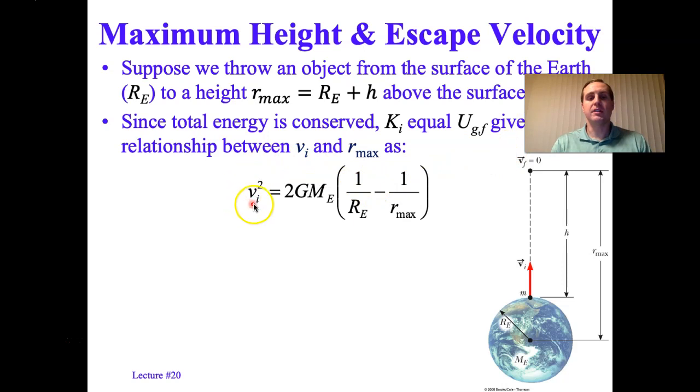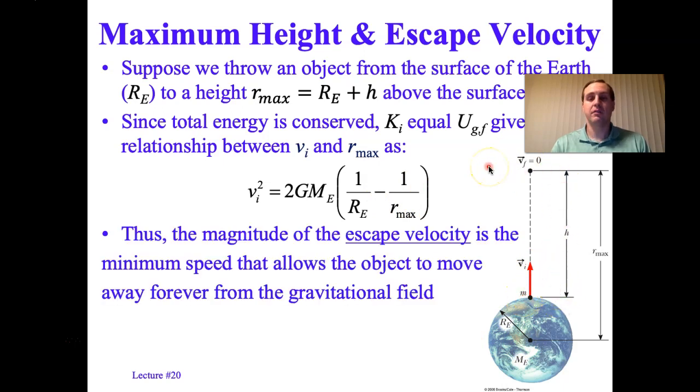So the equation is v initial squared is equal to 2G mass of the Earth times 1 over radius of the Earth minus 1 over R max. And R max is the maximum distance from the center of the Earth, and R max is the same thing as radius of the Earth plus h, and h is the height above the ground.